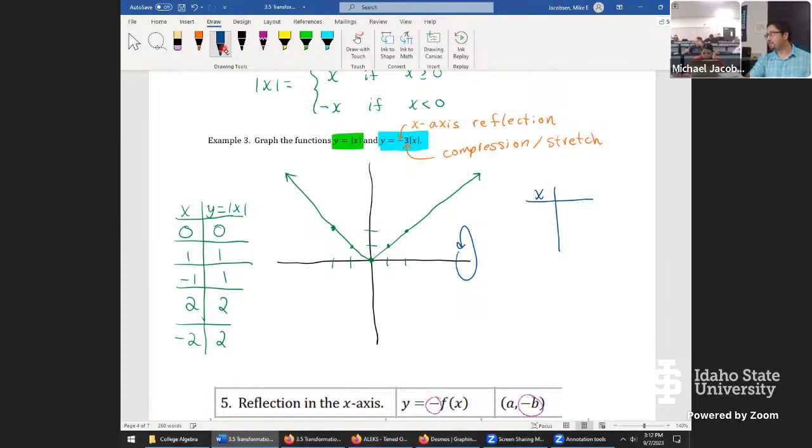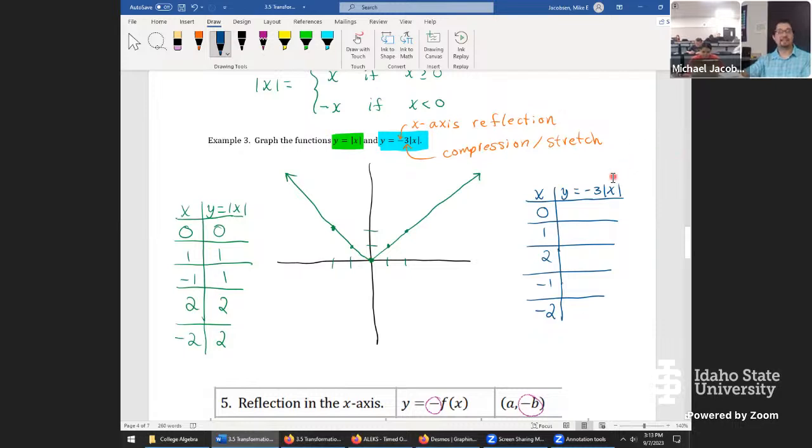We'll have a set of x coordinates. The y coordinates will be equal to -3 times the absolute value of x. We need to pick some nice points, but the absolute value function is not so bad. We can do the same kind of thing. Pick a 0 for x, a 1 for x, a 2, maybe throw in some negatives, -1, -2, and now we're just going to start throwing them inside here.